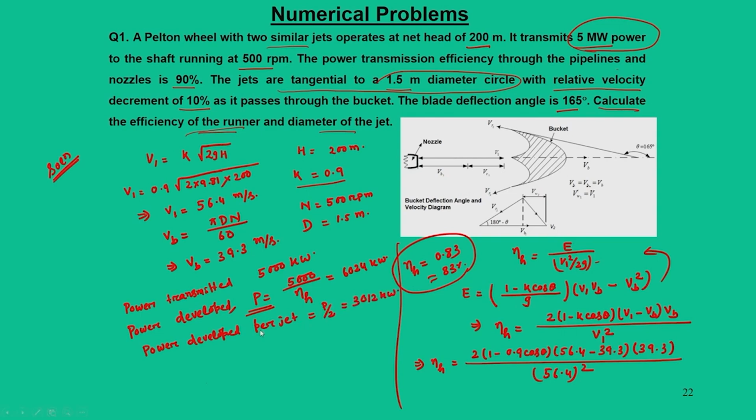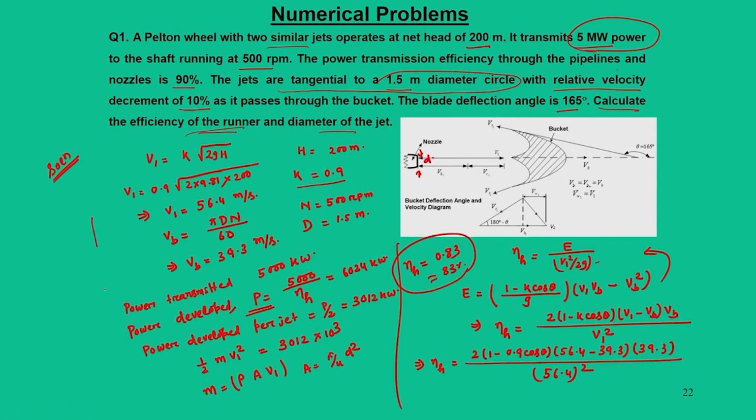The power developed per jet, we can write as half m V1 square, which is 3012 into 10 to the power 3. Now, what is m? It is rho into A into V1. Here A stands as pi by 4 into d square, d being the diameter of the jet.